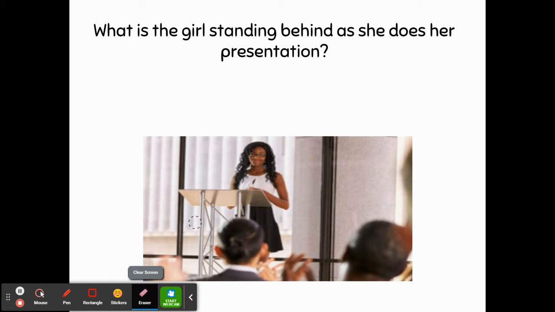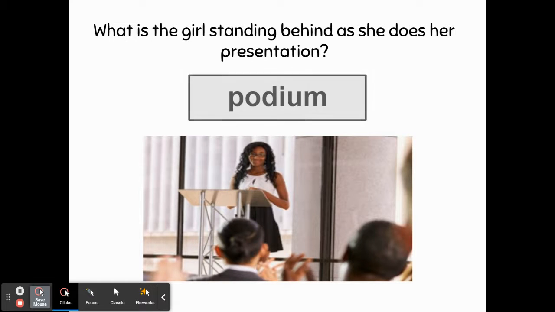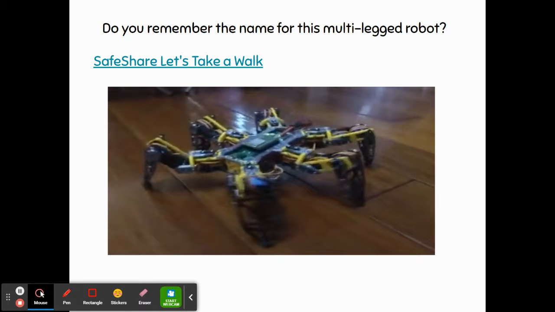Remember, if we were syllabicating, we would find our root. Do you remember the name for this multi-legged robot? When we looked at hex and sext, we talked about this robot, and we were looking at how many legs this robot had. This was called a hexapod, and it was because this robot had 6 legs.